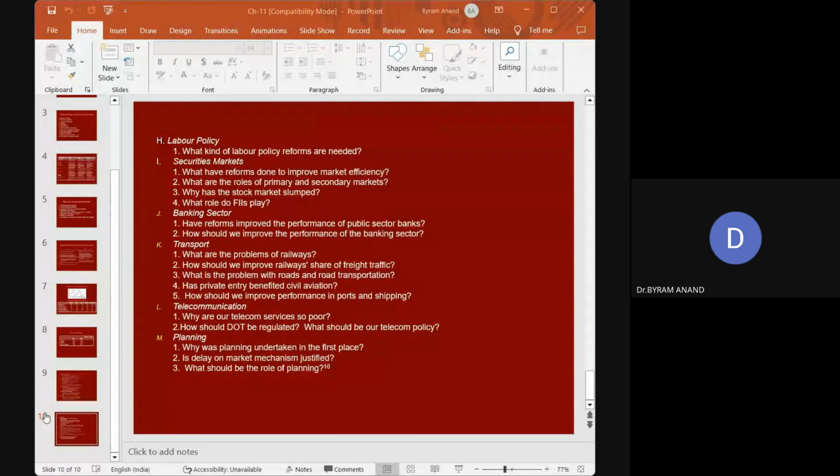Like Jamshedpur Tata, where he has established Tata Iron and Steel Company Limited in Jamshedpur. I think it is in Jharkhand or somewhere now. Jharkhand? Yes, sir, it is Jharkhand. Yes, TISCO, that is Tata Iron and Steel Company Limited.